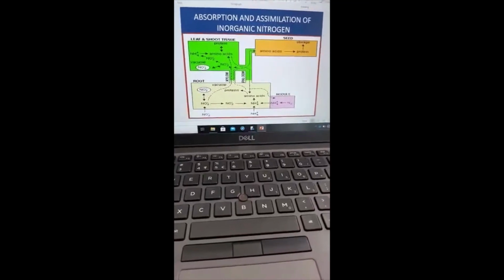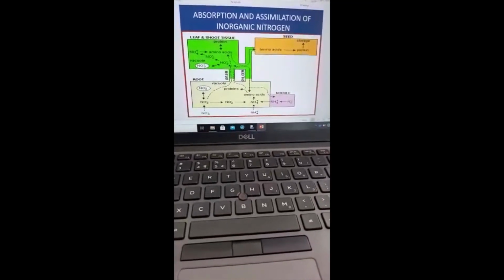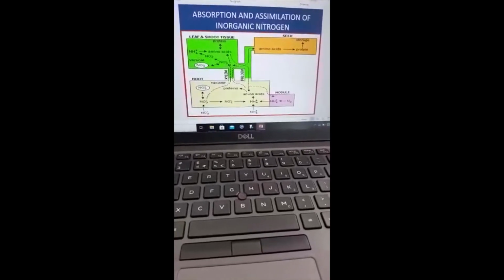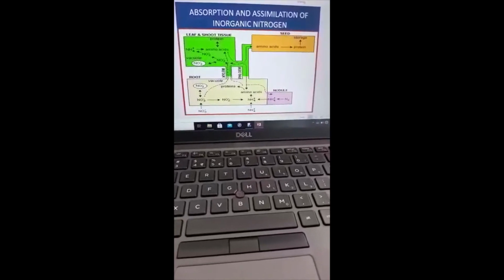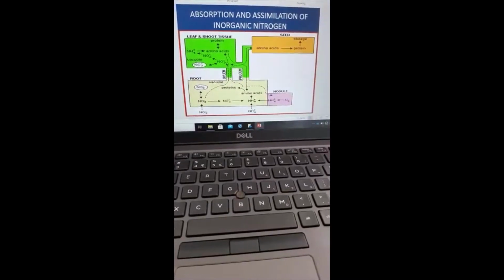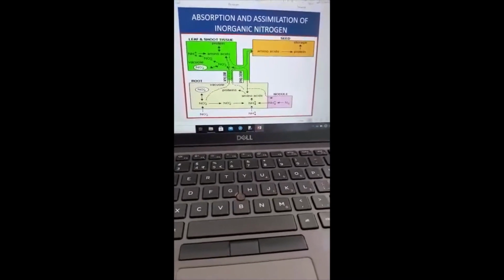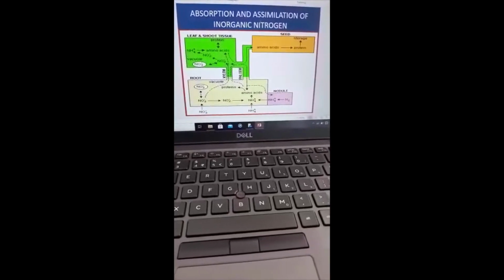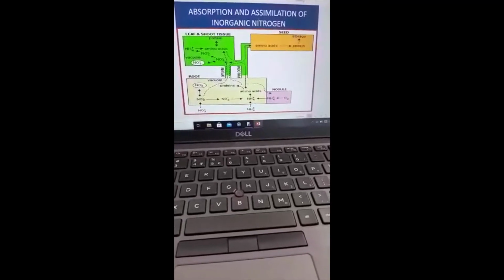It also shows you that ammonium can be found in the root of the plant as a result of the nitrogen that has been fixed by the nodules that are part and parcel of the roots of the plant.